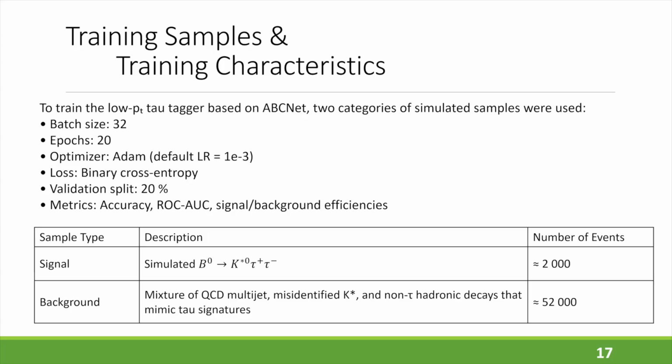The background is a mixture of QCD multi-jets, misidentified taus, and non-tau hadronic decays that mimic tau signatures. And we can also see that the number of events in the signal dataset and background are very different.